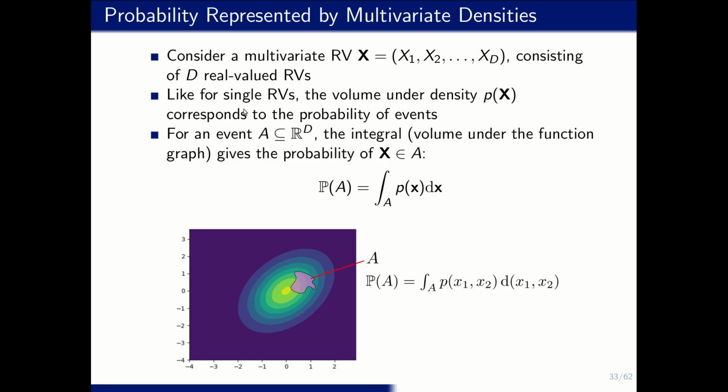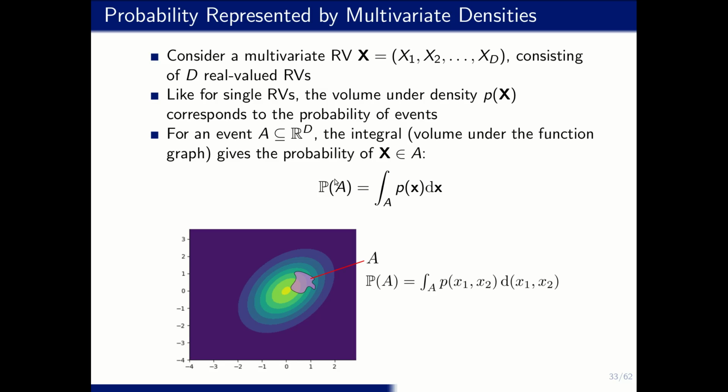For any event, which is a subset of the d-dimensional Euclidean space, the integral under the function, essentially the volume under the function graph over this set A, is the probability of A. So if you integrate the density over a set A, this gives the probability of A. This is exactly the same story as in 1D.